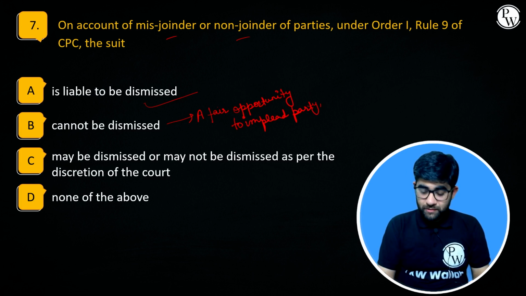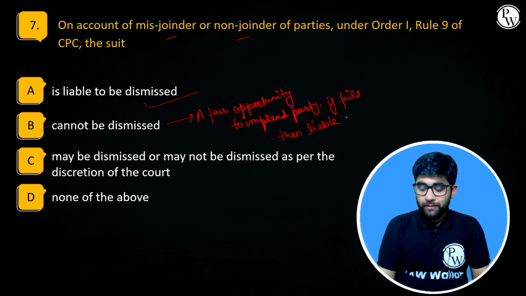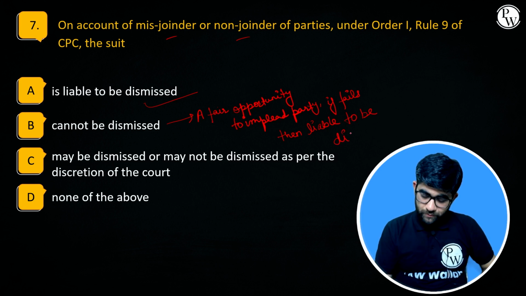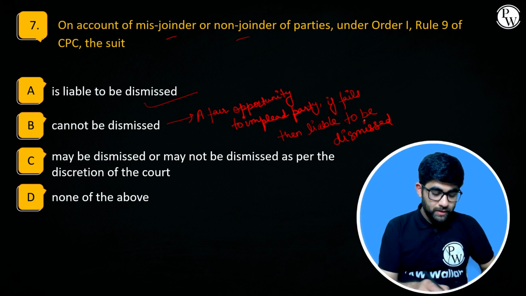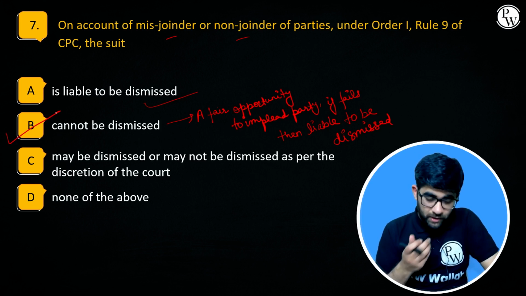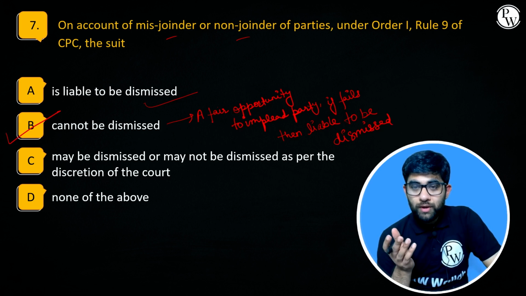If he fails, then it is liable to be dismissed. Answer to this is cannot be dismissed at the first instance, obviously. Now I have chosen this option because it is closest to the question asked.